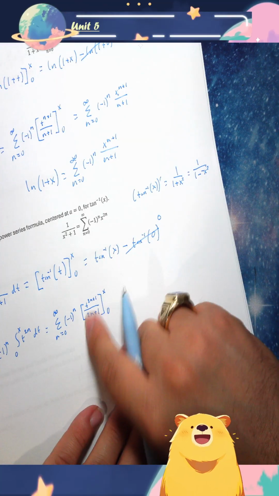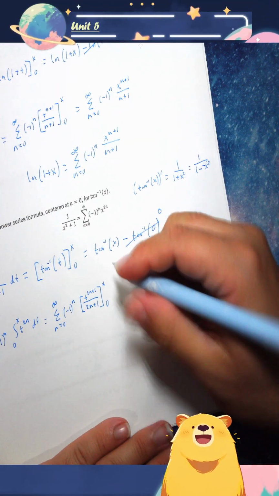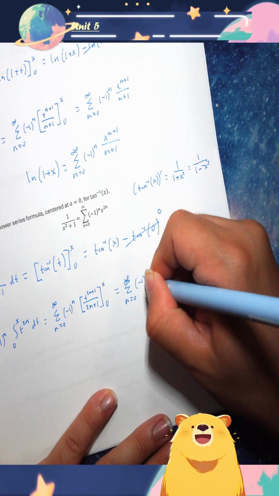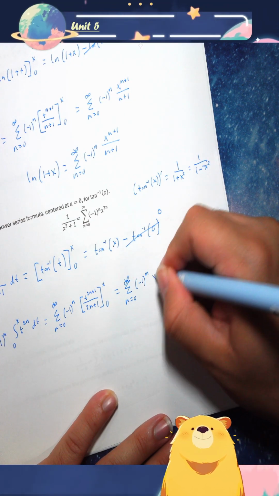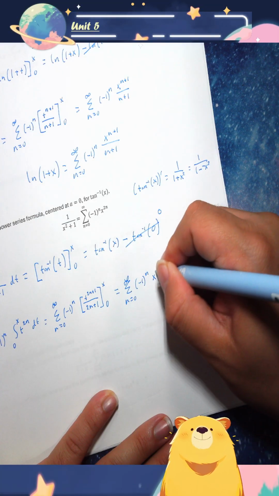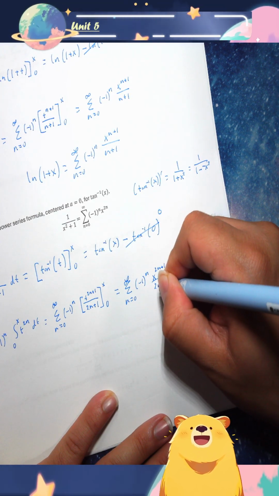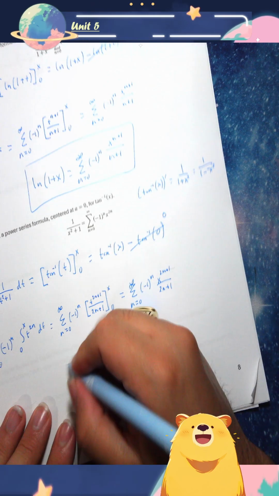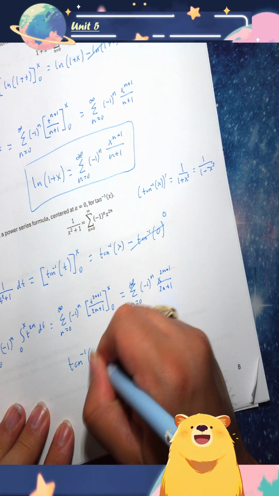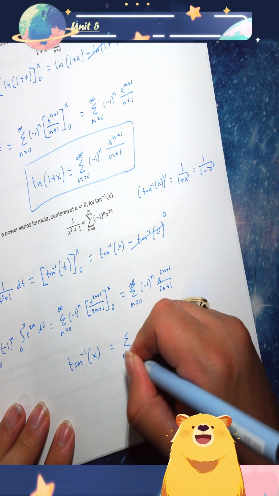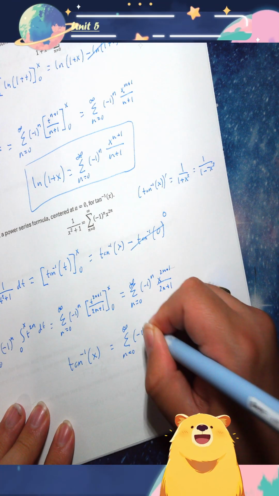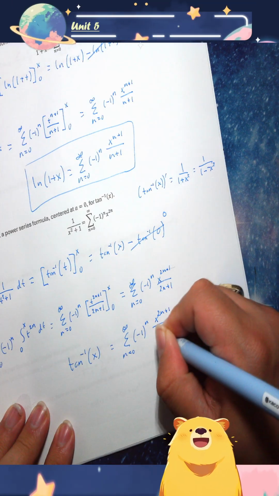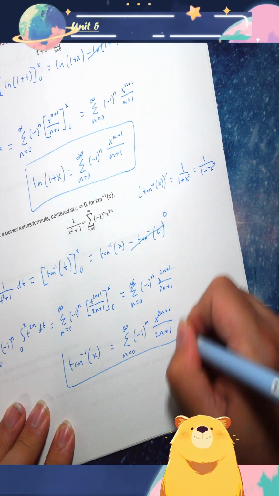Similar idea, the convenience of having x be 0 makes the whole thing 0, so you can simplify this to be -1 to the n, and then x to the power of 2n plus 1 over 2n plus 1. Oh, I forgot to box this. And thus you have the summation value for tangent inverse of x of -1 to the power of n, x to the power of 2n plus 1 over 2n plus 1. And that's your answer.